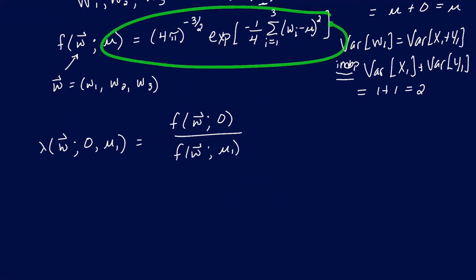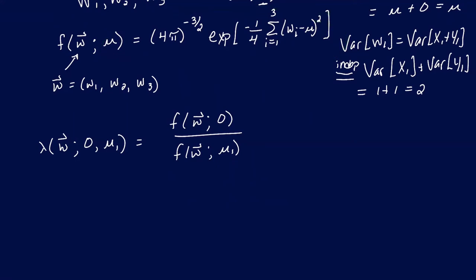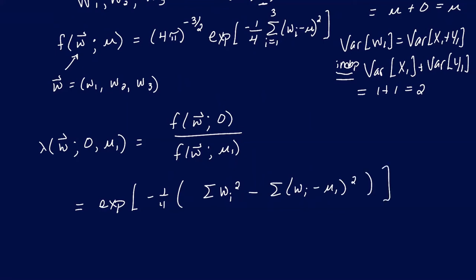And we've got that distribution up here. So when we form this ratio, this term is going to cancel and we'll be left with e to the minus 1/4 times the sum of the Wi squared minus the sum of the Wi minus mu1 squared. And both of these sums go from 1 to 3.